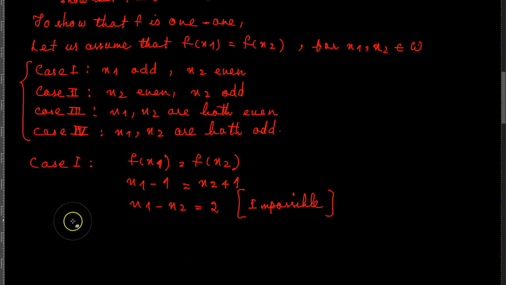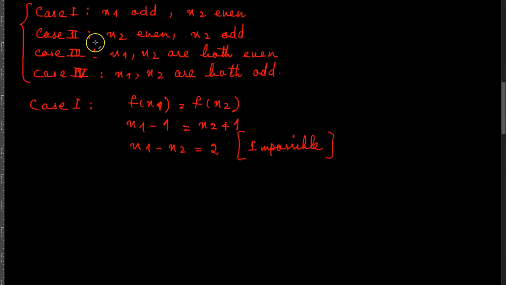The second case that we have is basically case 2, which is x1 is even and x2 is odd.